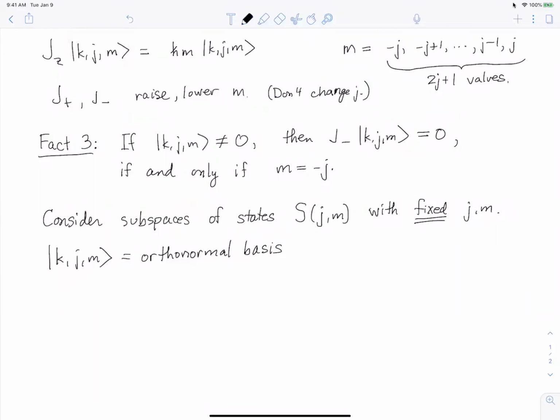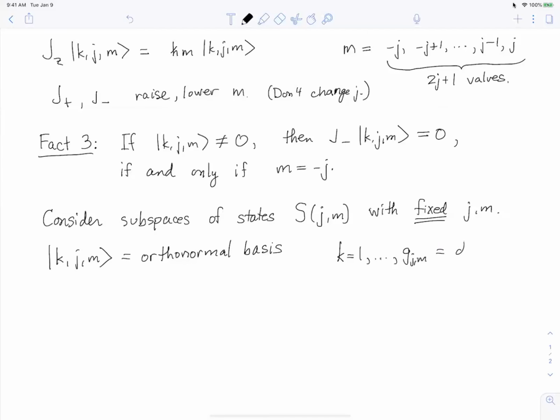Okay, and now there's the label k. Remember, k is a degeneracy label. So k is running, let's say, from 1 up to some number G, which is the degeneracy, but that degeneracy depends on what j and m are. So I'm going to put a j and an m on it.